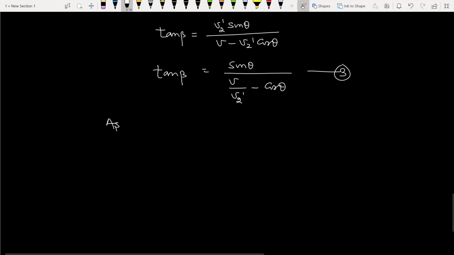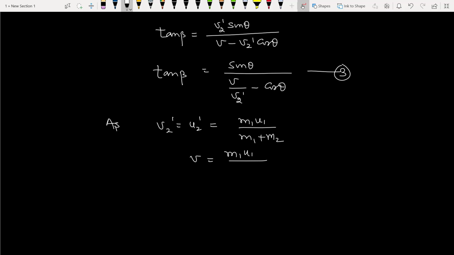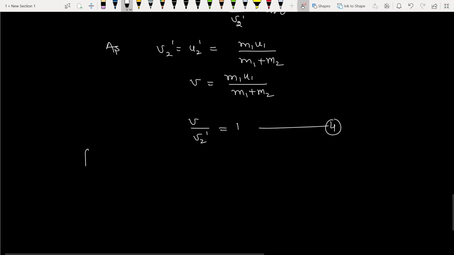As in the previous articles, we have derived these two relations in center of mass frame of reference, and V is equal to this in lab system, and when we divide V divided by V2 dash, it will be 1. So from 3 and 4 we will get our desired relation.